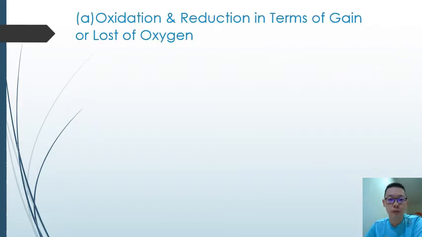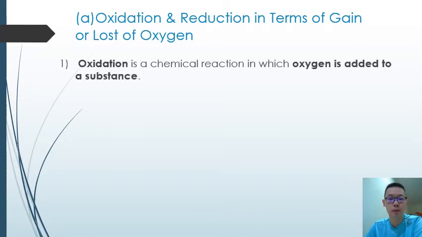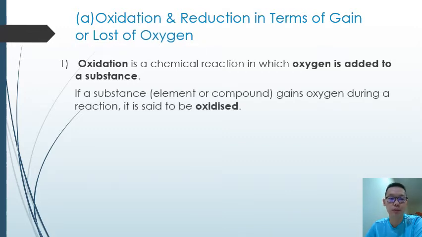Let us look at oxidation and reduction in terms of gain or loss of oxygen. Oxidation is a chemical reaction in which oxygen is added to a substance. So if a substance, normally an element or compound, gains oxygen during a reaction, it is said to be oxidized.